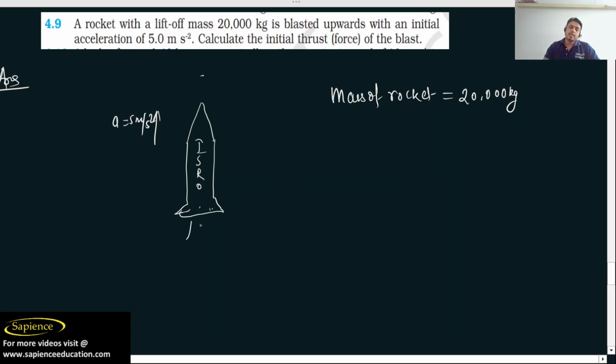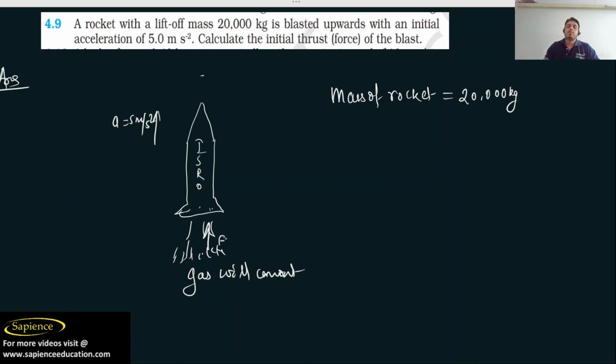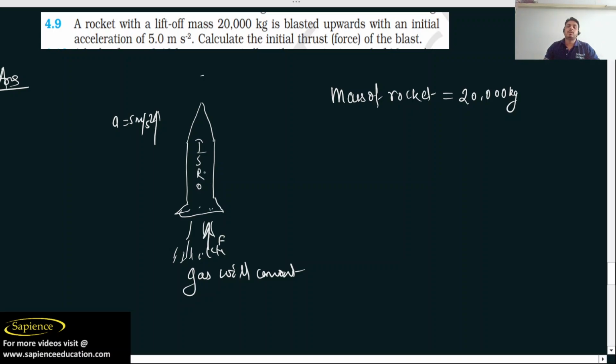Suppose this rocket suddenly escapes the gas, so gas will come out and gas will apply a force. So the force by the gas on the rocket is known as thrust force.